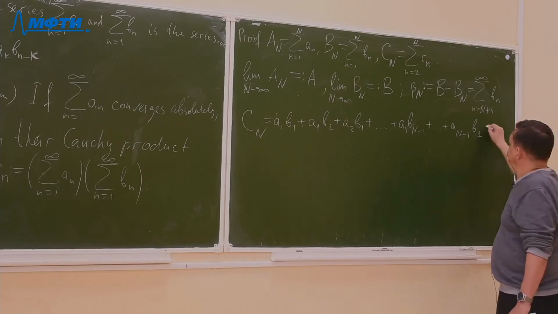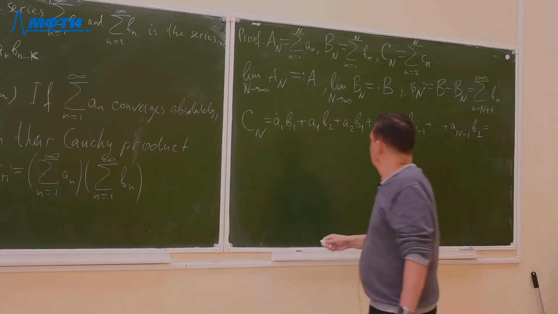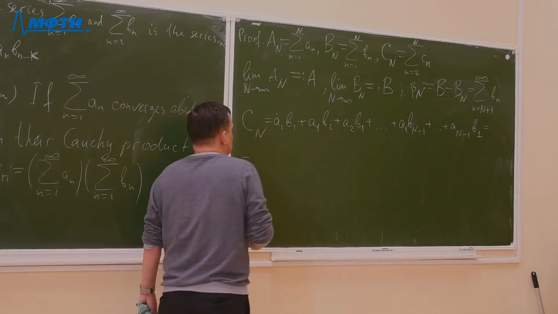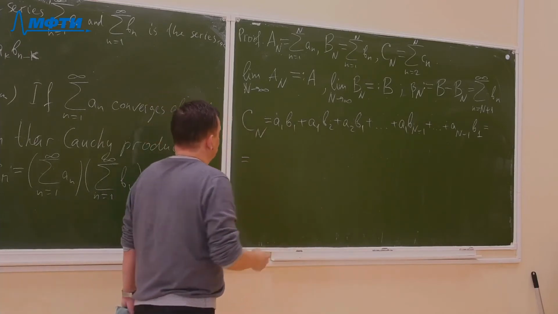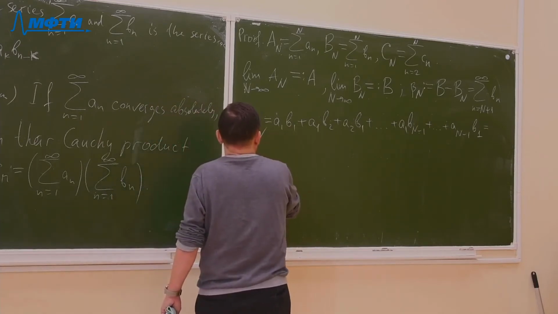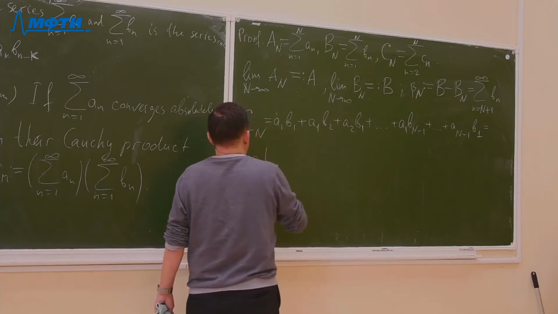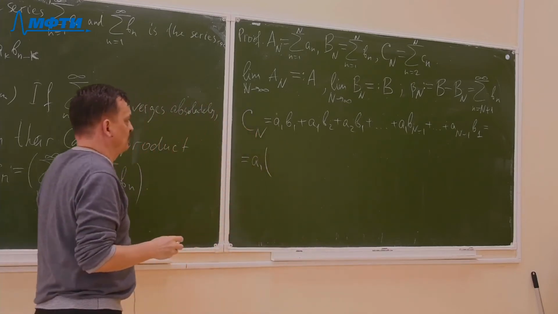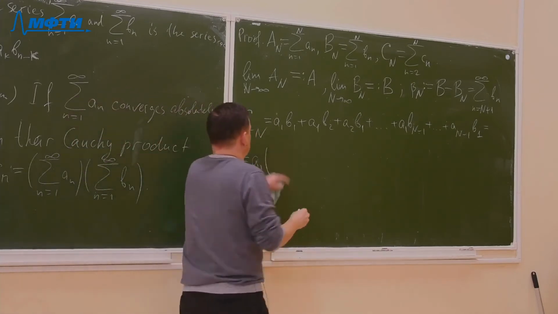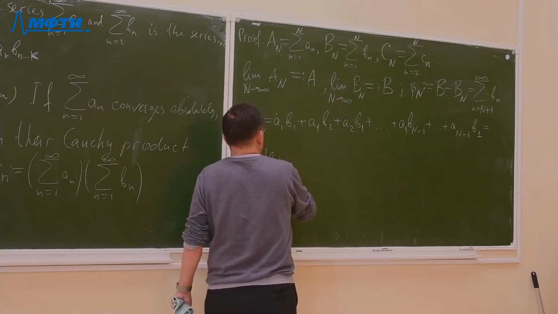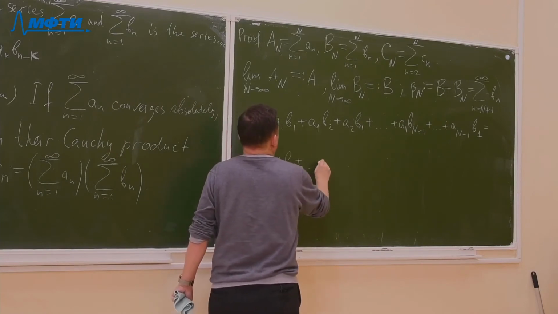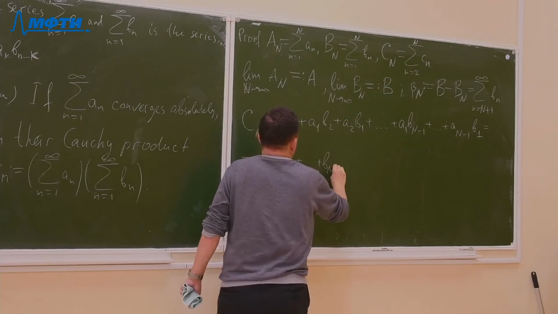Okay. So, what is it? If I put A1 as a common multiplier, then what we have in brackets? B1 plus B2, so on, up to B_(N minus 1).